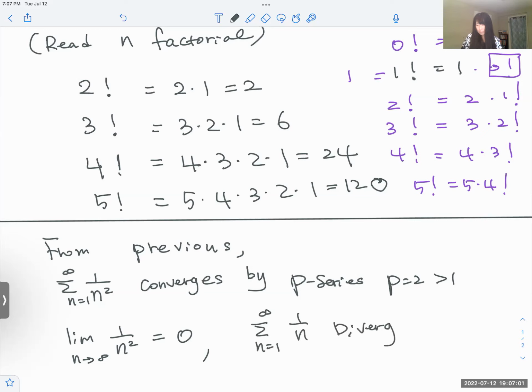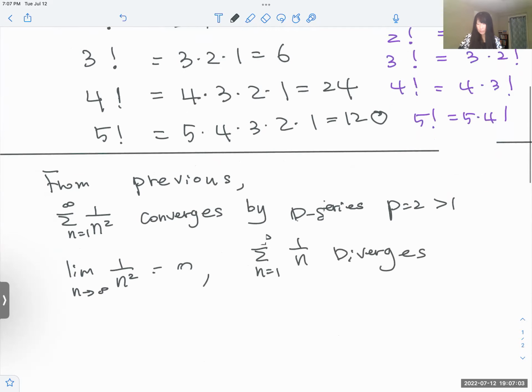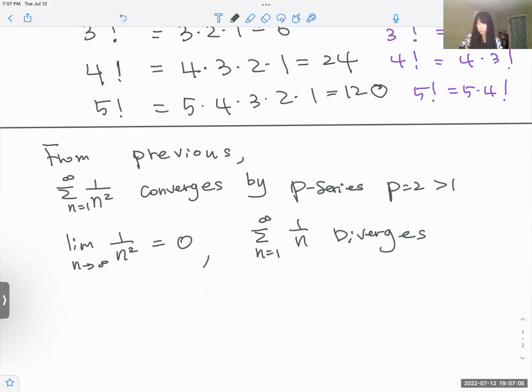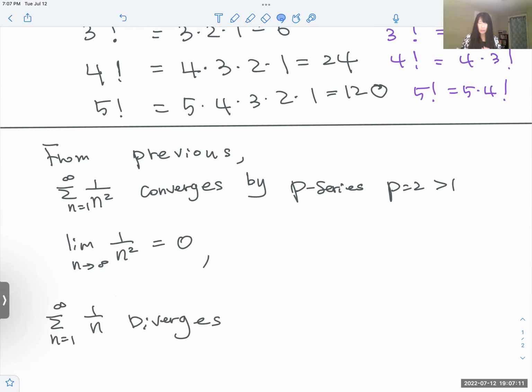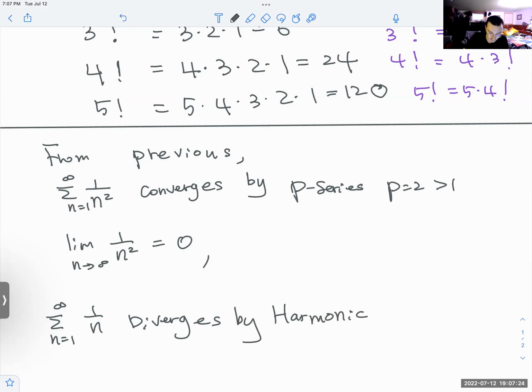Why? Does anyone remember why this diverges? Is that the harmonic series, right? So this is a harmonic series, or p-series, the same thing, right? I always forget that. Because p equals 1, right? So harmonic series.